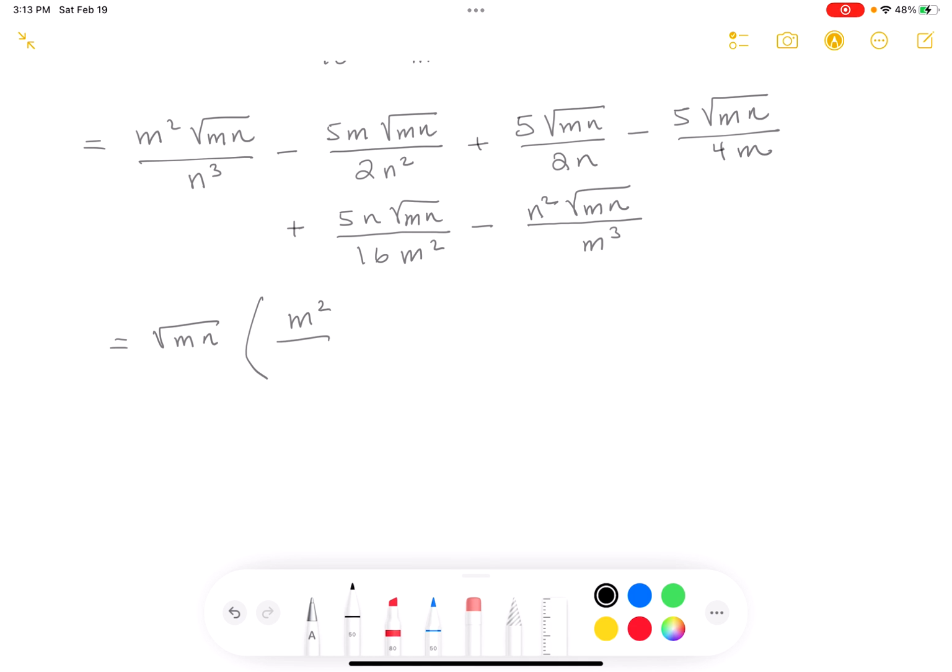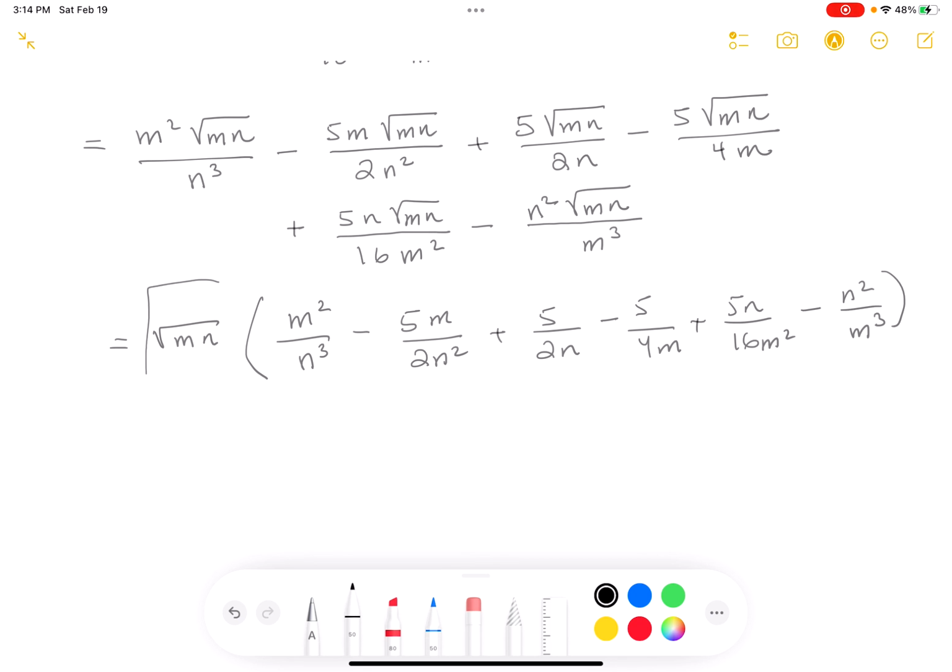M squared over n cubed minus 5m over 2n squared plus 5 over 2n minus 5 over 4m plus 5n over 16m squared minus n squared over m cubed.